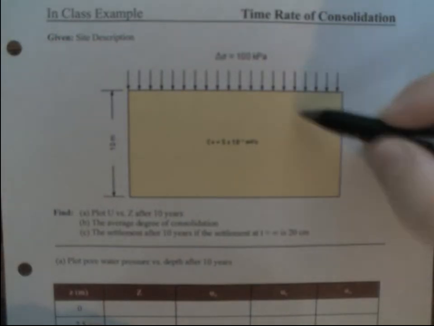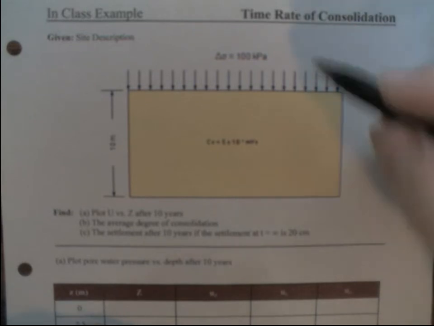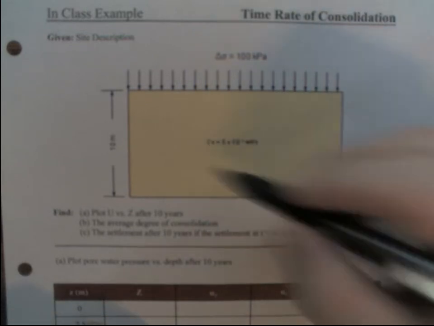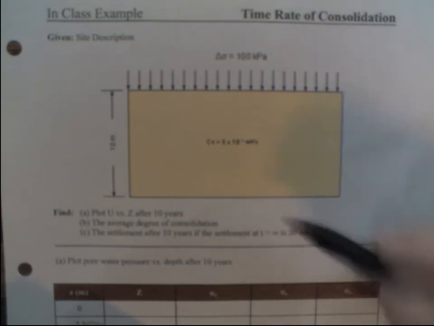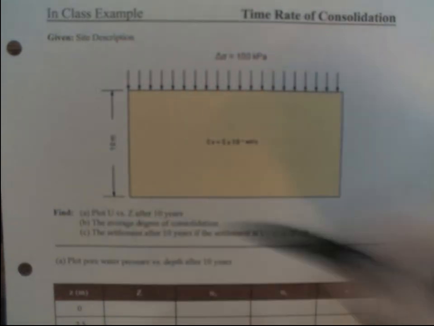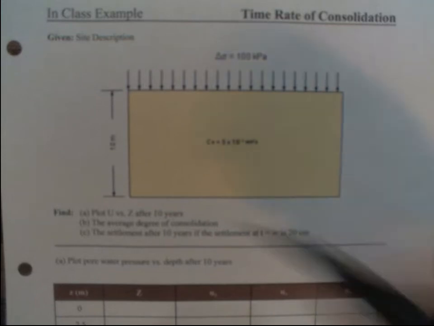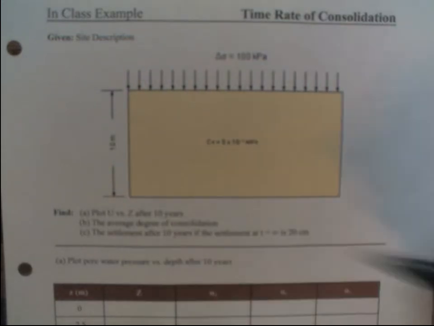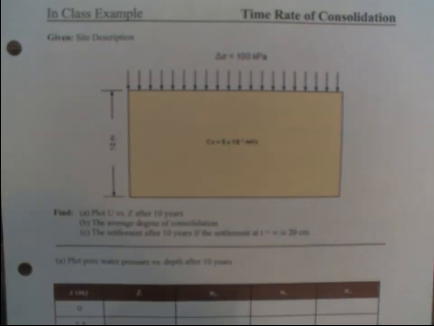Water is able to flow in both directions here, so for our soil, the water will be consolidated out the top and the bottom. We're asked to plot our Uz versus Z after 10 years, and then find the average degree of consolidation. This last part we'll leave until Monday when we talk a little bit more about settlement.